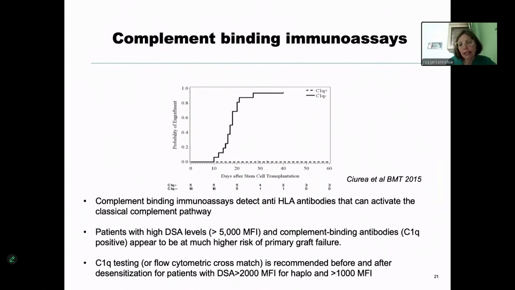And it is nowadays reported that the C1q positive test is associated with a risk of graft failure, is predictive of graft failure, and therefore this test could be incorporated in the workup.